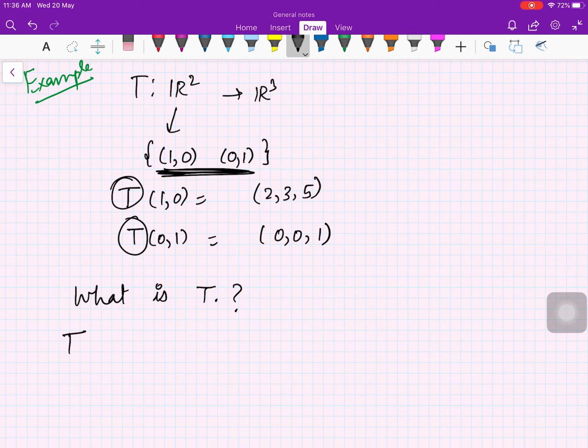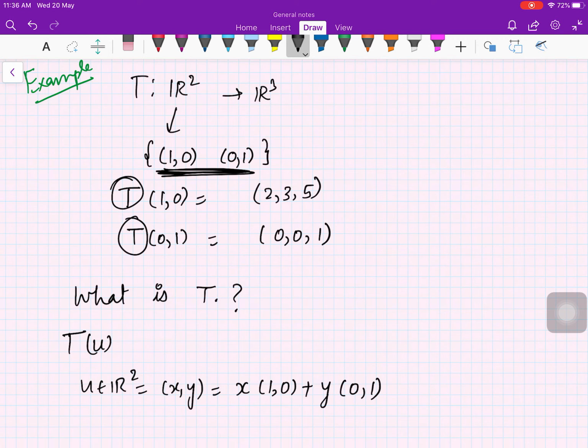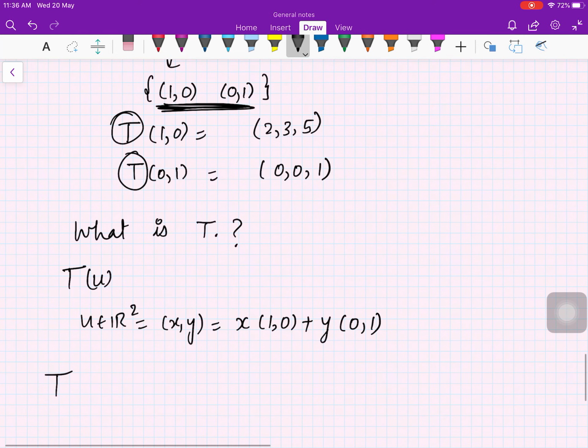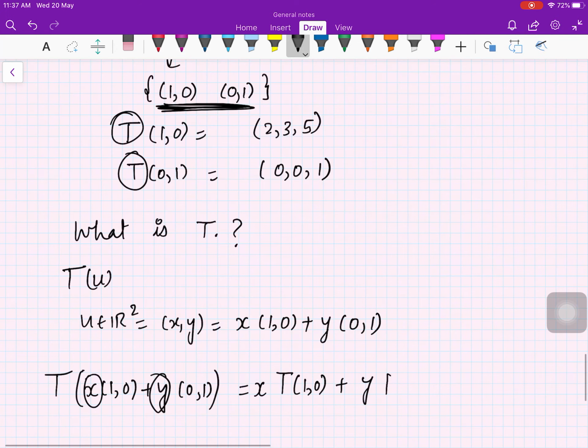So how can I write that? If u is any vector in R2, say equal to (x, y), I can write that as x times (1, 0) plus y times (0, 1), right? Now T of x times (1, 0) plus y times (0, 1), these are scalars, so I can write it as x T of (1, 0) plus y T of (0, 1).